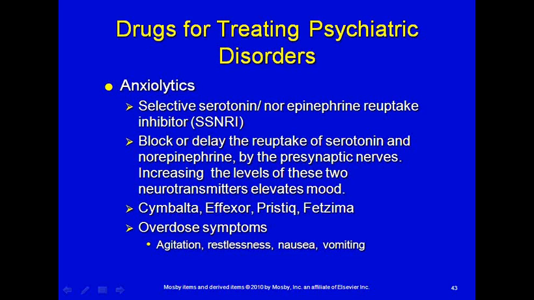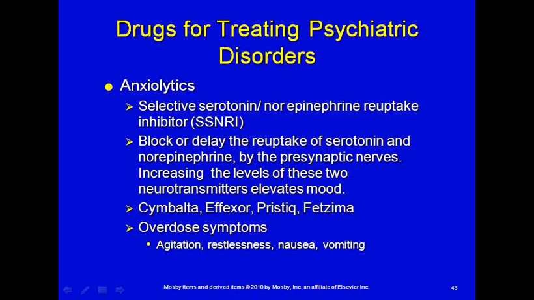They block the absorption of those chemicals, and by blocking serotonin and norepinephrine, it's believed that this also enhances mood.